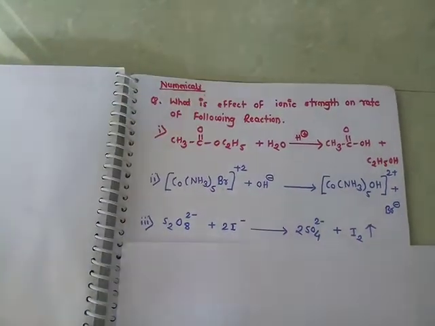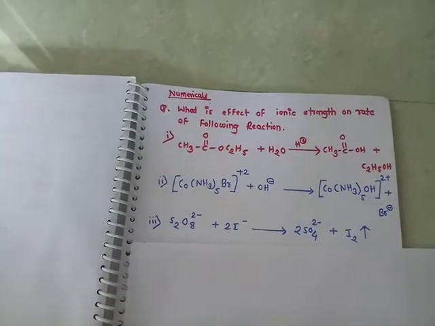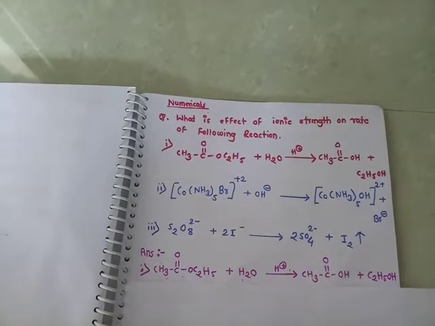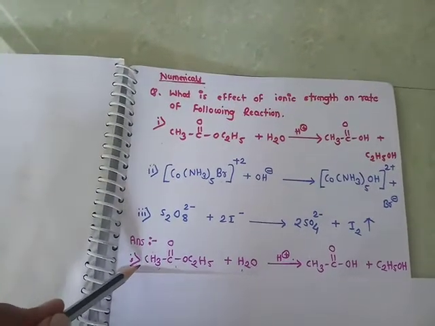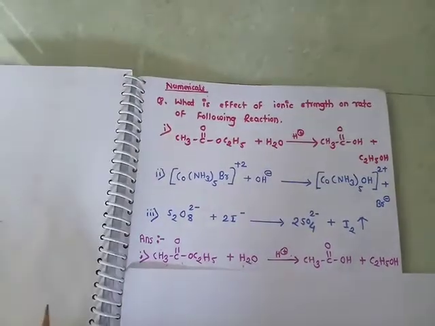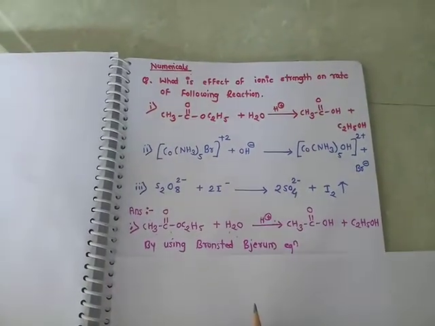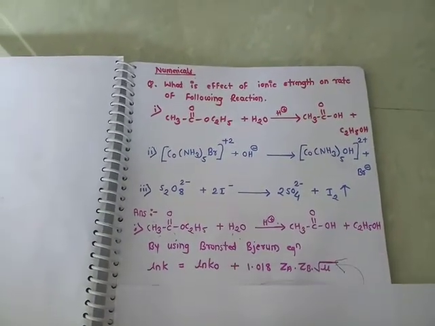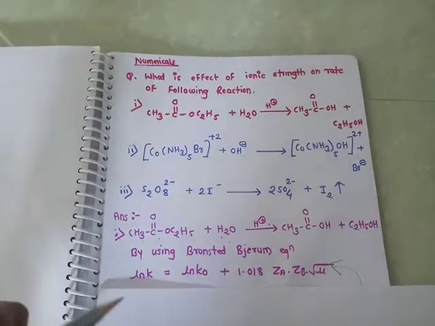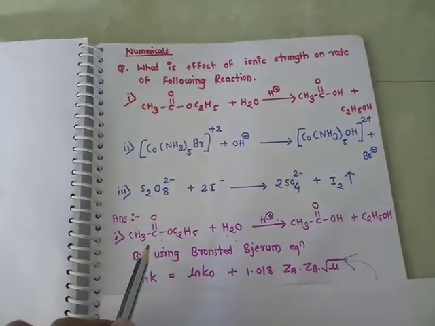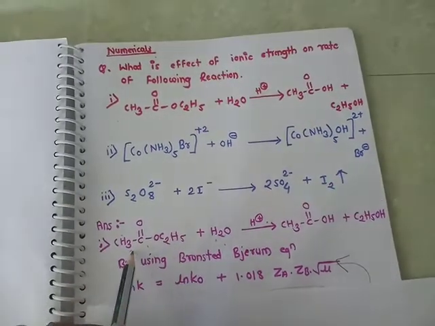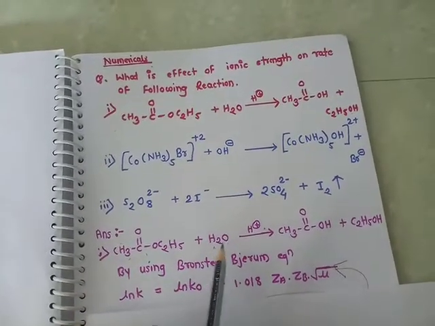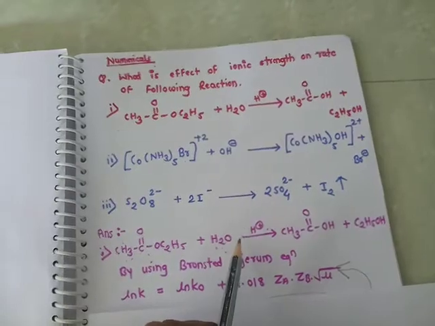Let's see the solution of this numerical. For this solution, we have to firstly write the reaction by using Bronsted-Jerome equation. This is the Bronsted-Jerome equation. Now we are considering ester molecule as A species and water molecule as B species.